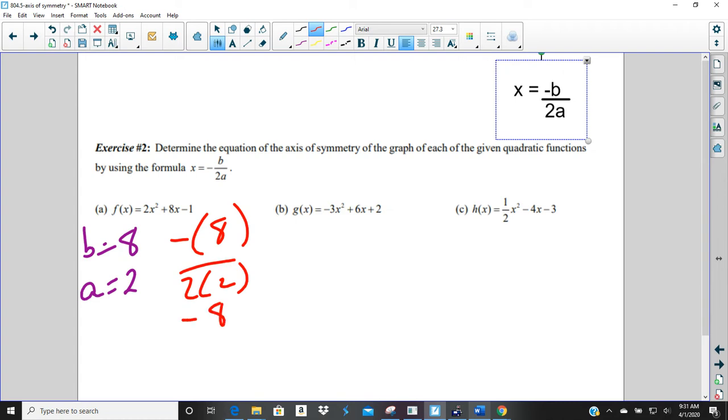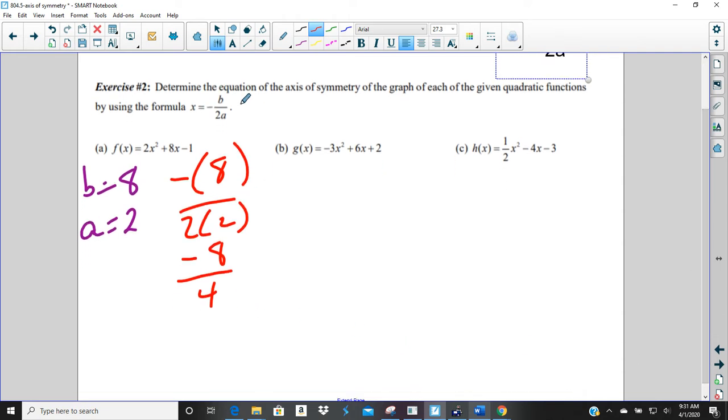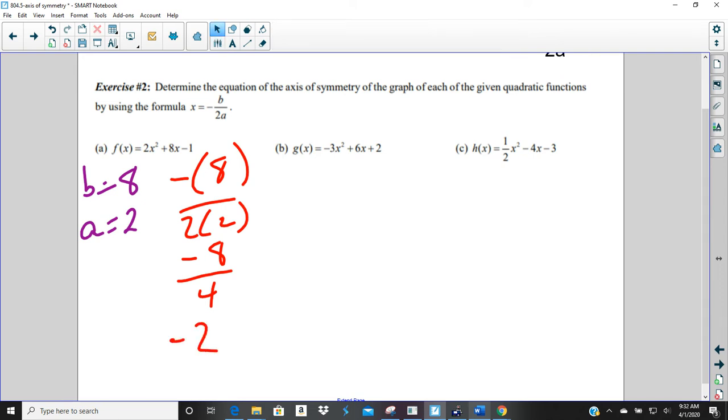So I'm left with negative 8 over 4. Therefore, we're left with negative 2. So x equals negative 2 is my equation of the axis of symmetry.